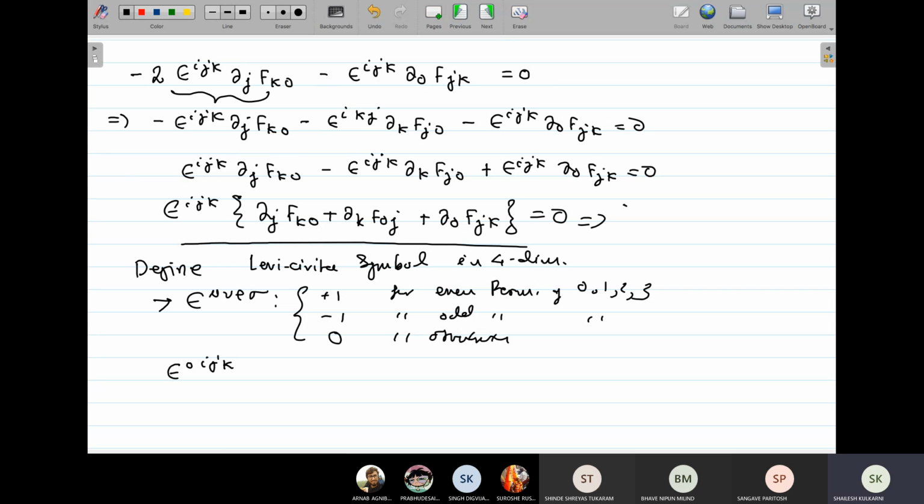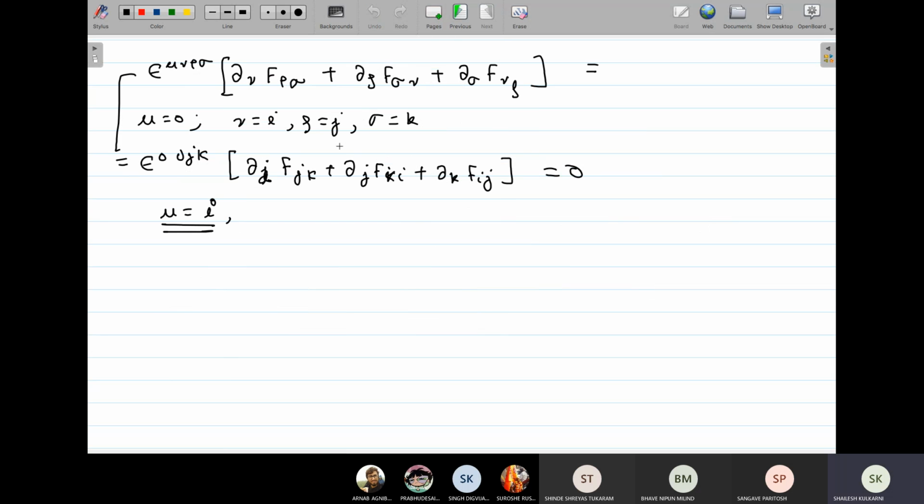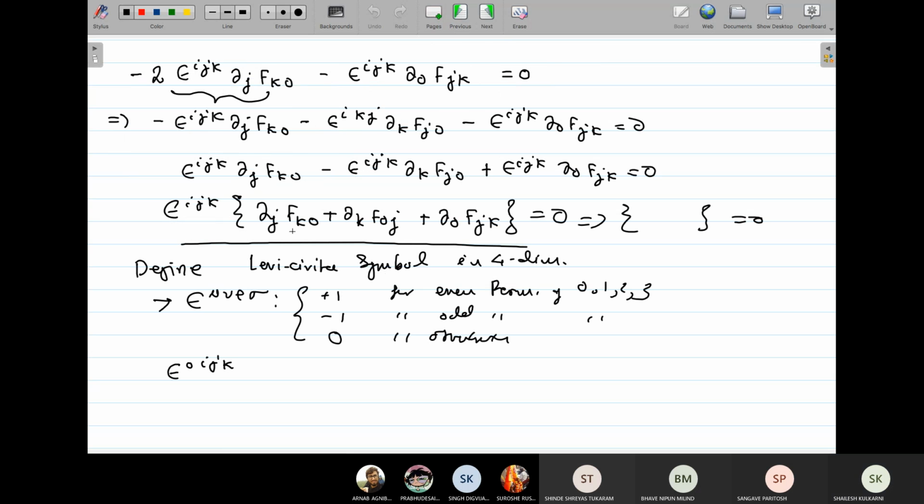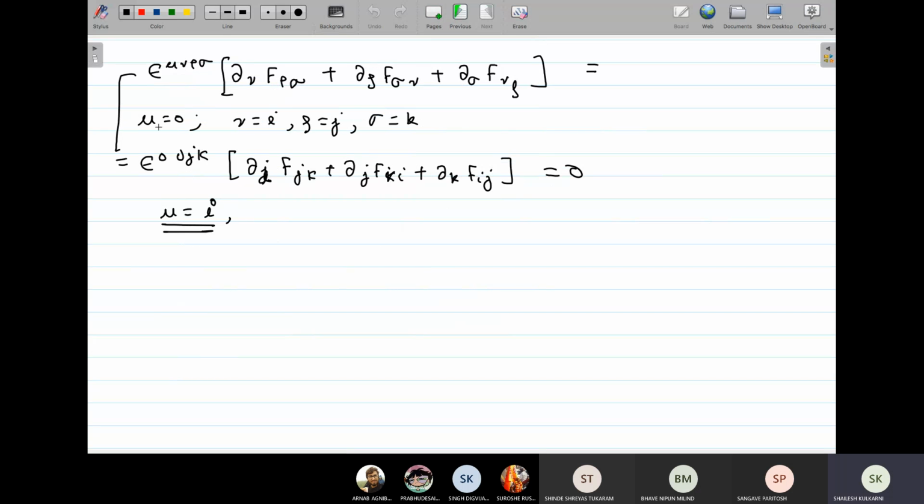This implies that it is 0. So for μ equal to i I will get this, which is 0, and for μ equal to 0, I will get 0 anyway.